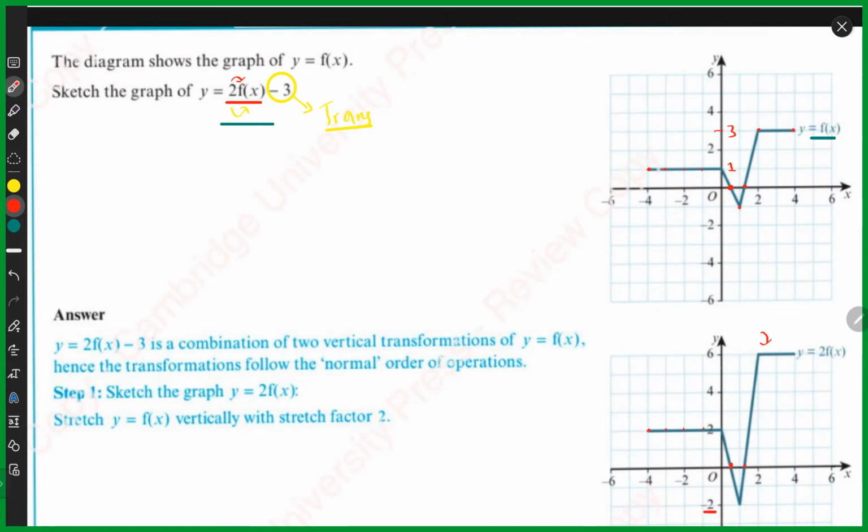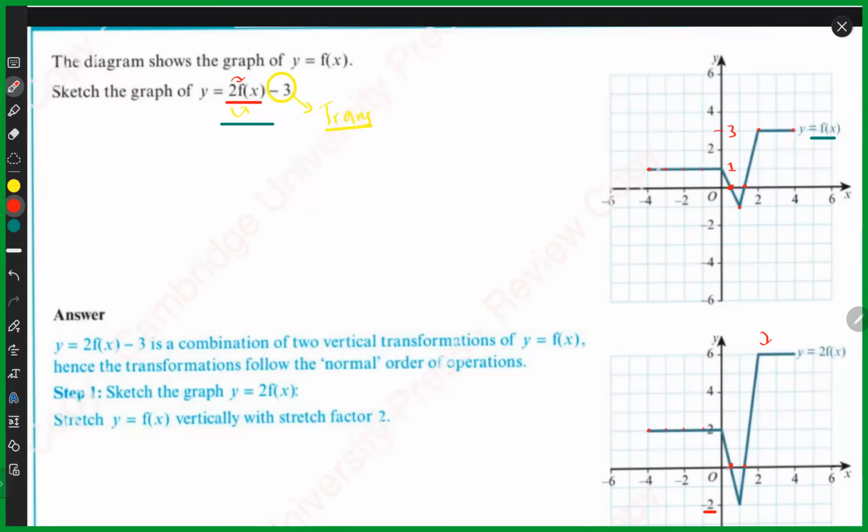So we know since 2 was being multiplied with the function, whenever a number is being multiplied with x or the function, that is stretch. And if it's being multiplied with the function, the stretch would be vertical. And if it is a vertical stretch, nothing is going to happen to the x coordinates. The x-intercepts are going to remain the same. For instance, at this point, since y was 0, when we multiply the 0 with 2, this would again remain 0, right?